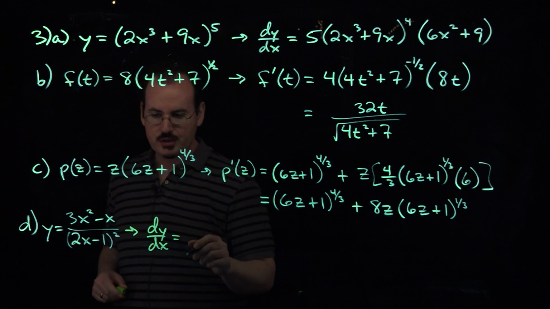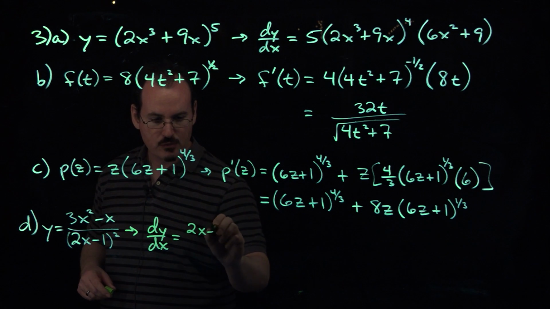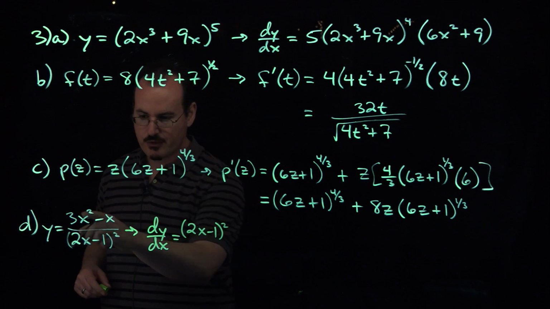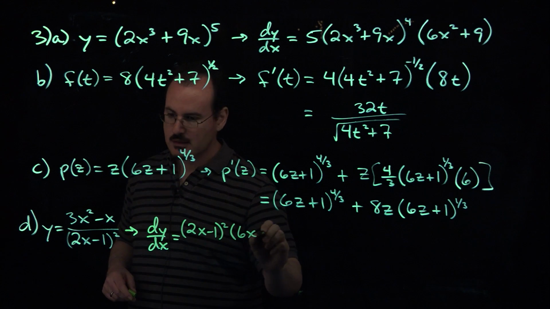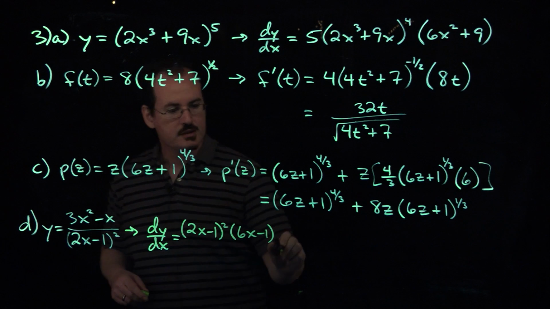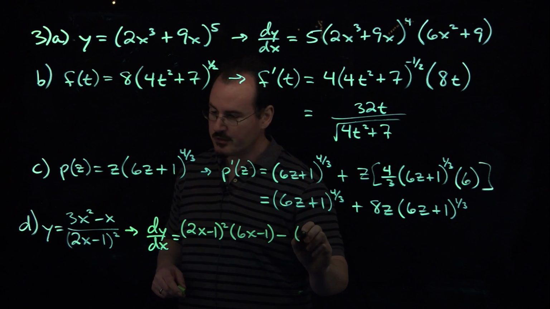So remember, the quotient rule says low d high, so the low function 2x minus 1 times the derivative of the top function, that's 6x minus 1.